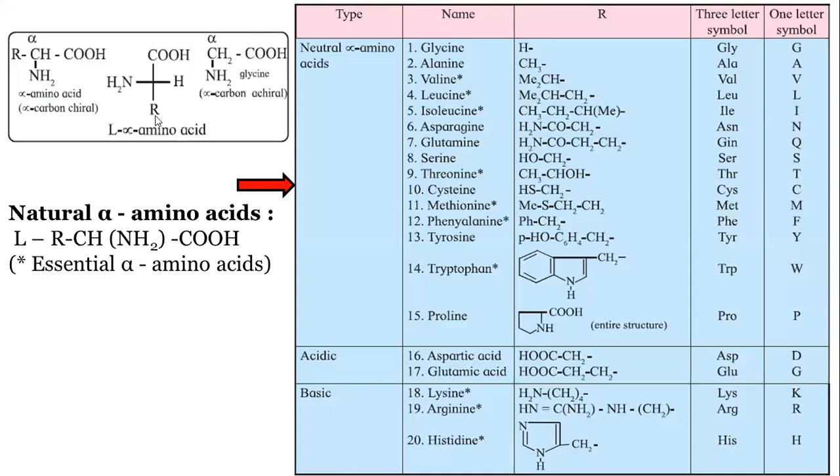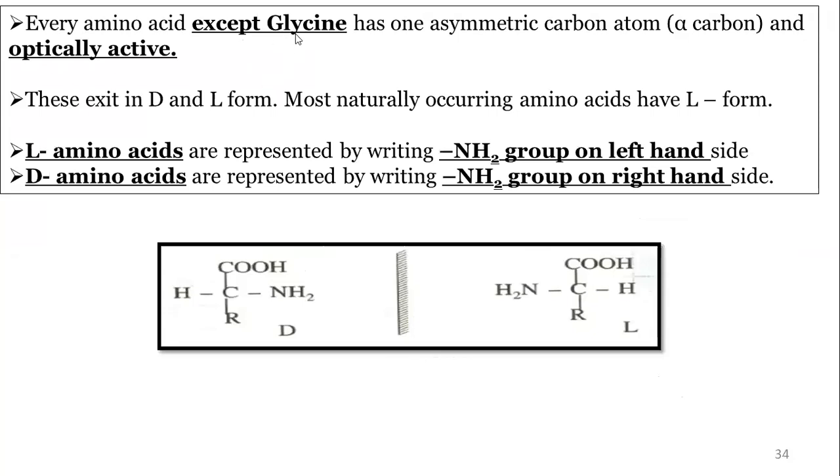If we put hydrogen here, this hydrogen and this hydrogen will be the same. What is the definition of a chiral asymmetric carbon atom? The carbon atom which has four different groups. But in glycine, this hydrogen and this hydrogen are the same, so the definition of the asymmetric carbon atom is not satisfied. That's why glycine is the only amino acid which does not show optical activity.